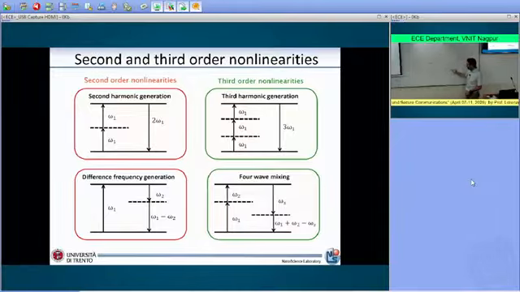And since I am at the single photon level, those 2 photons are entangled. Entangled in time. Why in time? Because they appear at the same time. And therefore they are entangled in time as well as in frequency.